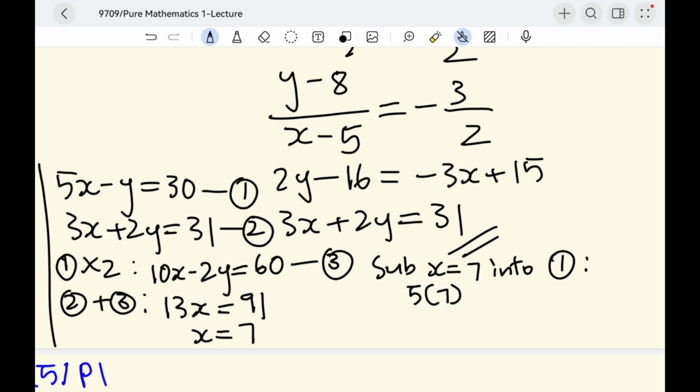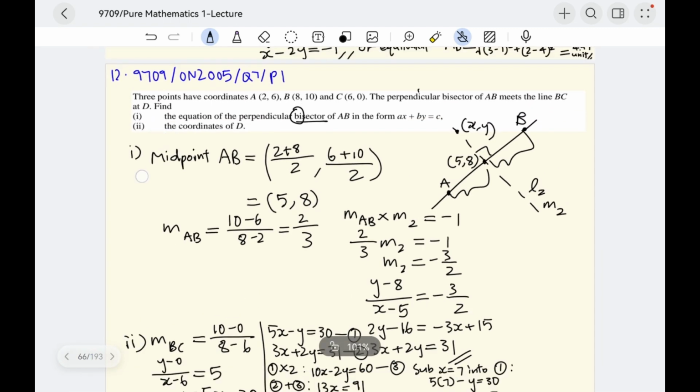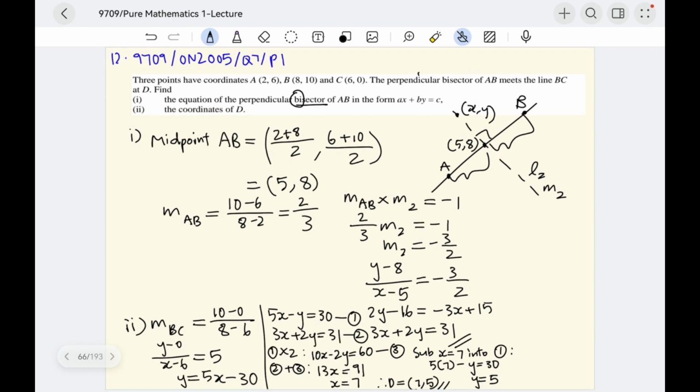So what will be the y coordinate of the point D? Which is 5. So your final answer for the coordinates of D is (7, 5). That's all. So that's the end of the discussion for this question.